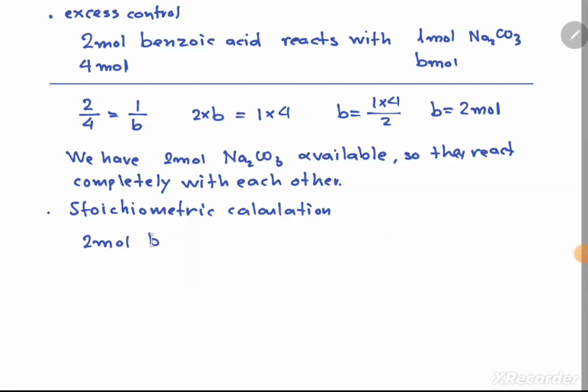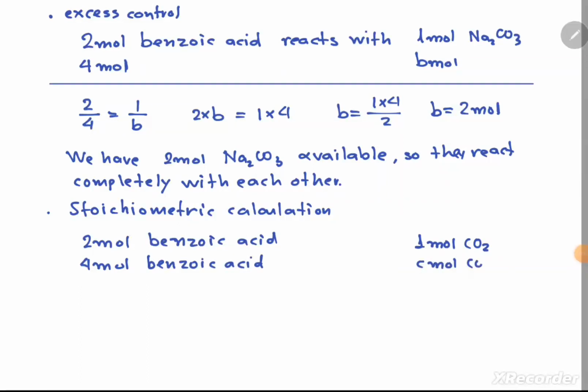2 moles benzoic acid give 1 mole carbon dioxide. The 4 moles of benzoic acid give x moles carbon dioxide.